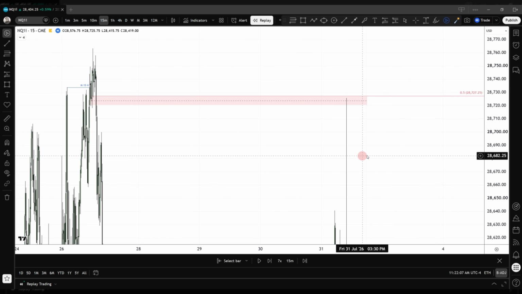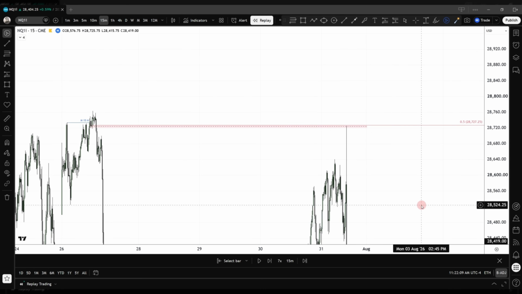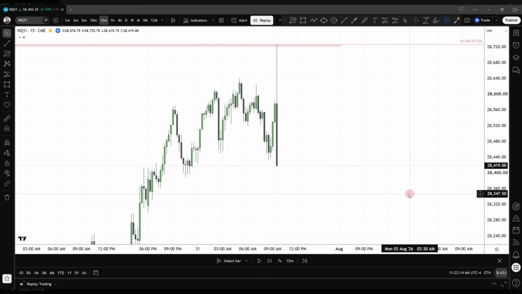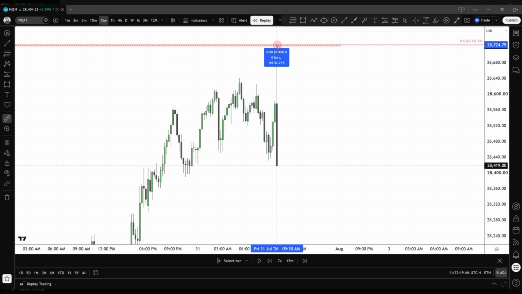The first 15-minute candle alone, the move off of that was over 300 points.